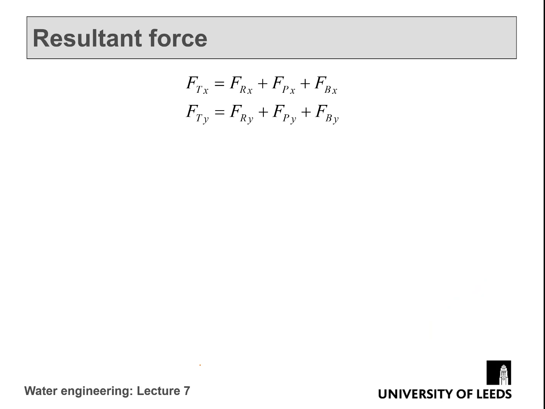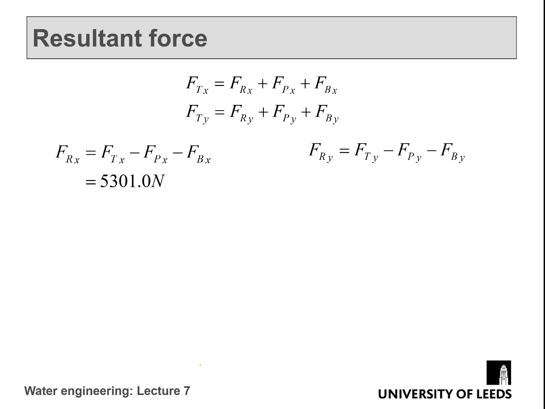So we can put all our numbers together here. We've got our two total force equations in the x and y direction. We can rearrange those to give us a reaction force, Fx. Put our numbers in and we get 5,301. And Fy, we put our numbers in and we get 12,900.